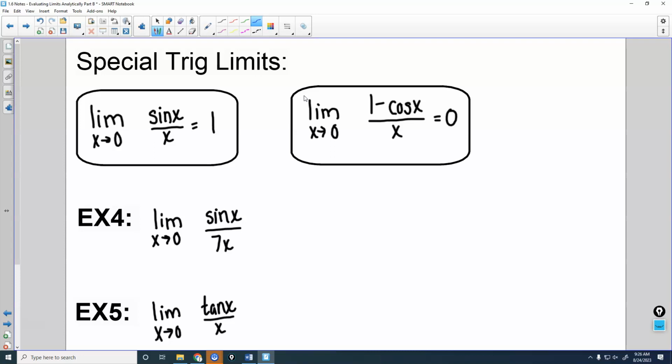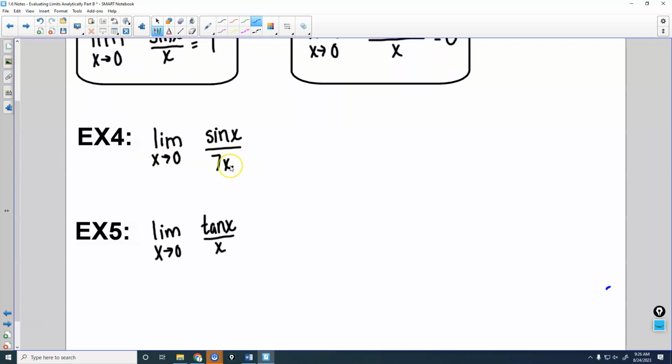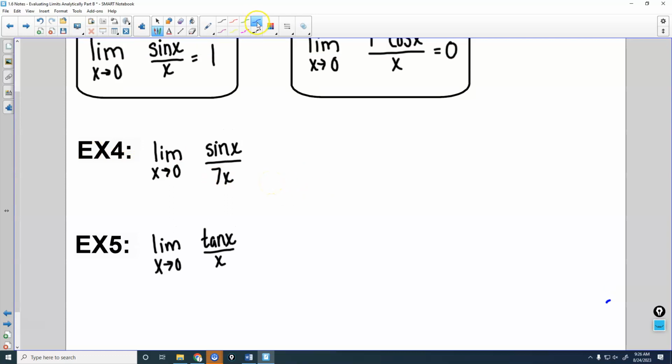So the problems that we're going to get, we're going to try to deal with this in being able to do these problems with trig. Okay? Now, if we look at example 4, if I try to plug in 0, I would have sine of 0 over 7 times 0. And what was sine of 0?